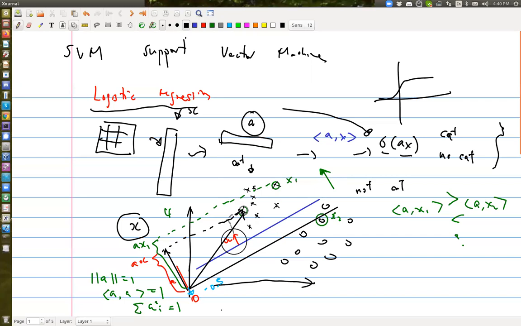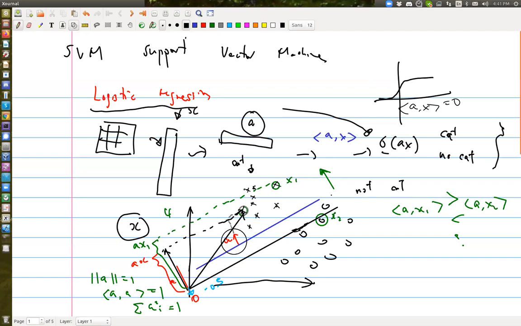Now let's see, maybe I missed something first. Apparently I need to have a bias, right? Because if I consider the logistic function, the boundary between these two sets will be when AX is equal to 0. In this case AX equal to 0 is probably not the boundary I want.